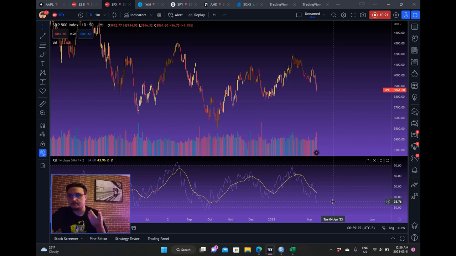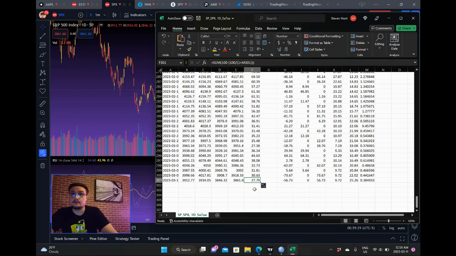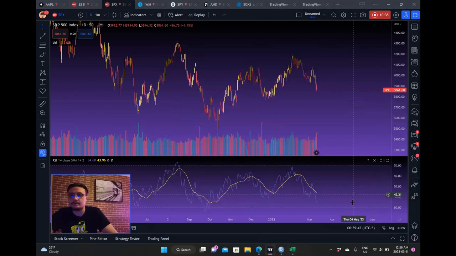So be sure when you're referencing your RSI that you understand that this is going to be a little bit different from how TradingView is displaying the data. So this is 27. It's fairly close though. It's close enough that I would be okay with it. 27, this is 35, okay?